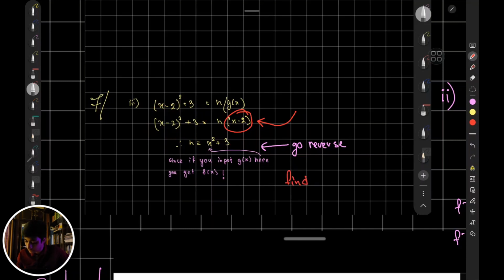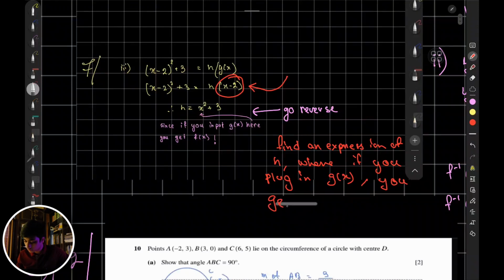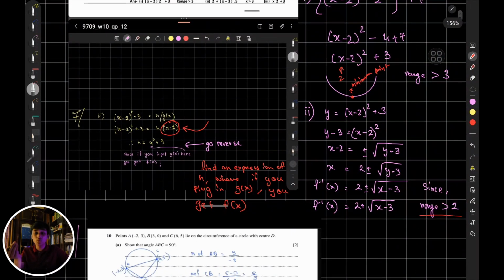Find an expression of h where if you plug in g of x, you get f of x. Because they're telling you f of x is equals to h of g of x, right?